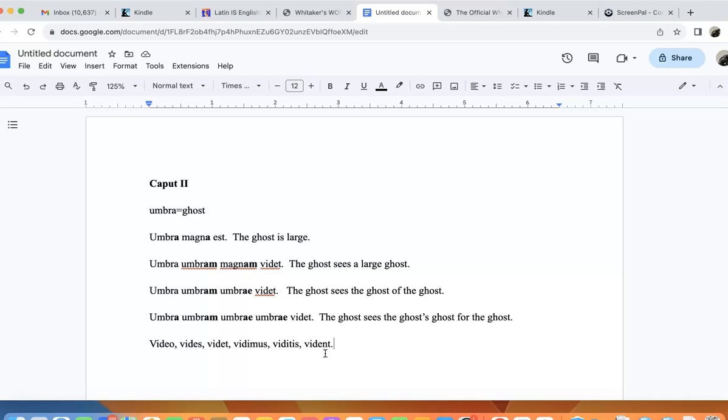And so these just have to be memorized as part of learning Latin.